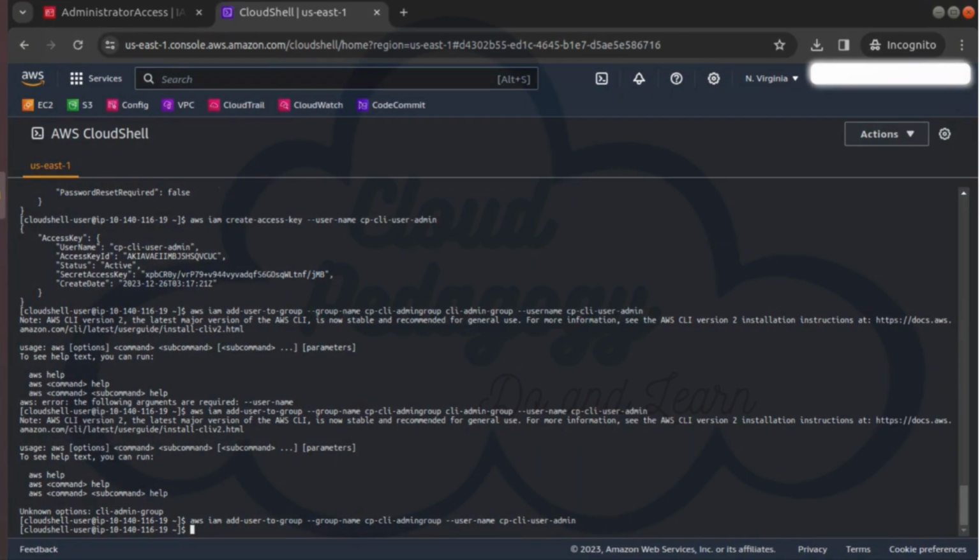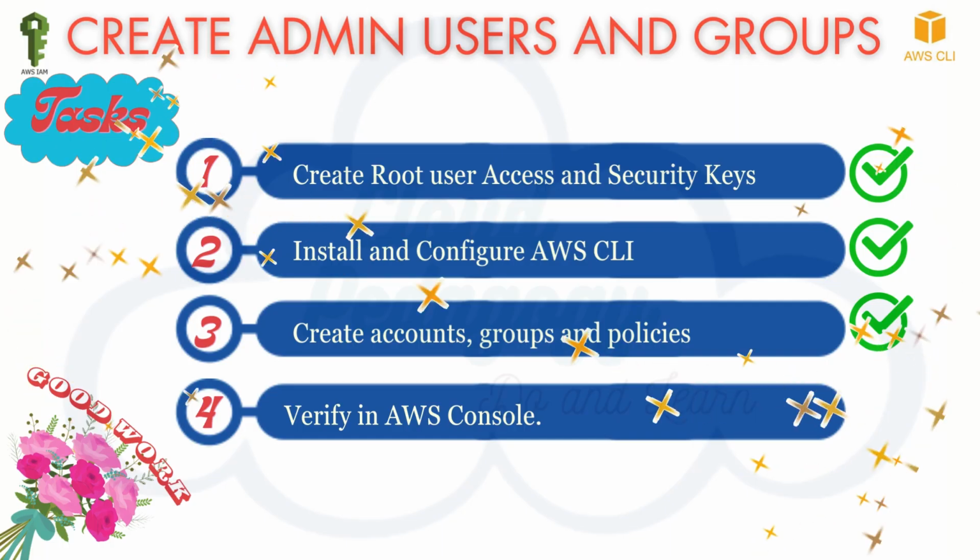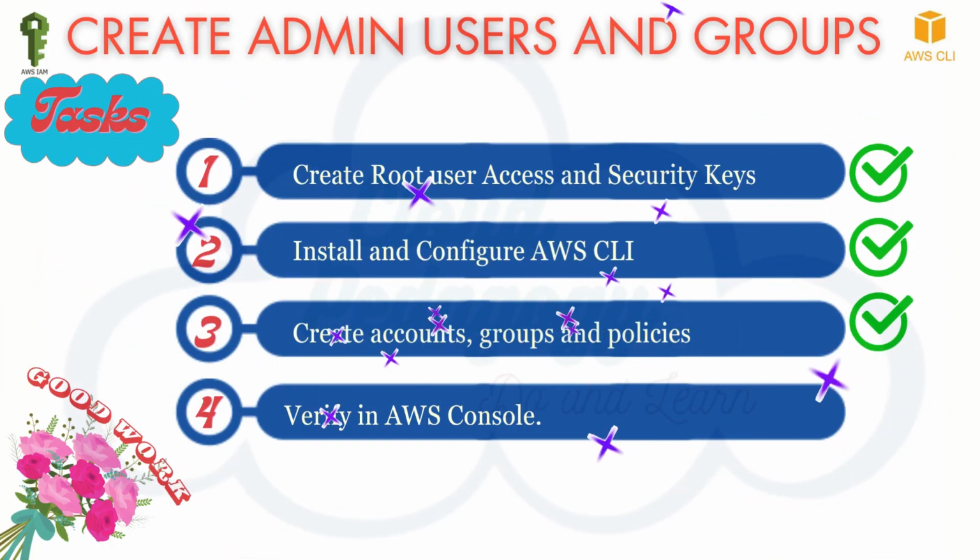Alright, that comes back with no errors. And we are going to trust but verify that. That is what we are going to do in the next task. We will check on all of our work in the AWS Management Console. Remember, one last time we are going to log in as root, and we have created an admin user and an admin group. Good job, you have successfully completed task 3.